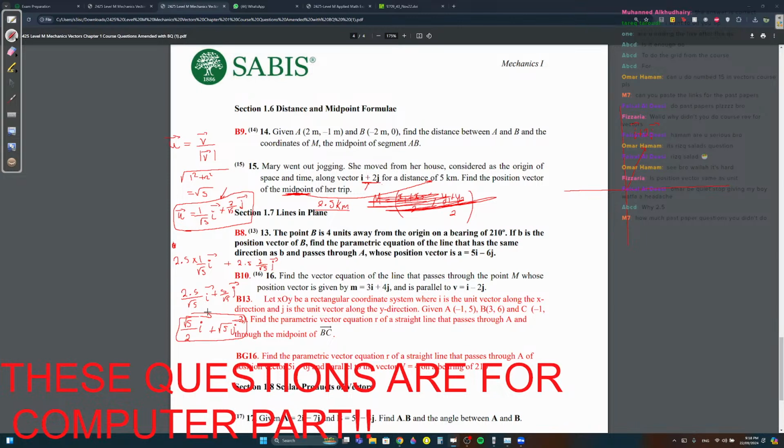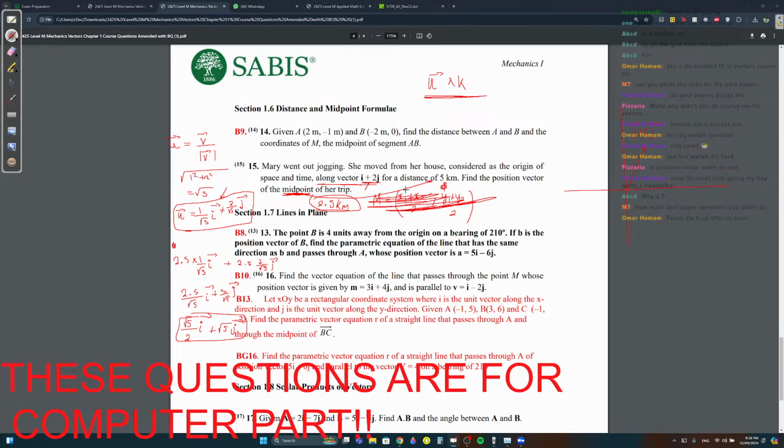So anytime you see this question, where you see along a vector, you want to get the unit vector and multiply it by a constant. Usually that constant is the magnitude of how much you're using. Here the magnitude is 2.5 because they said midpoint. If there is no midpoint, you just multiply it by 5. Why did you multiply 2.5 by the vector?